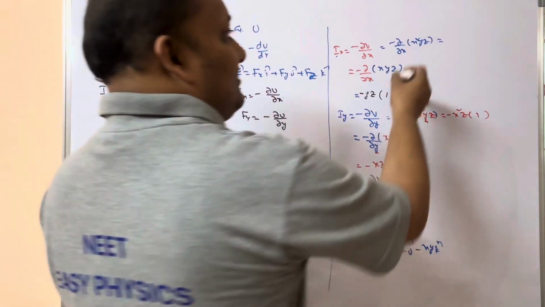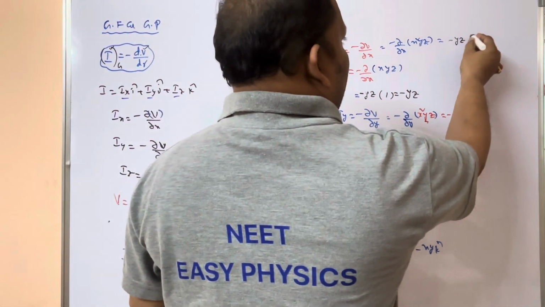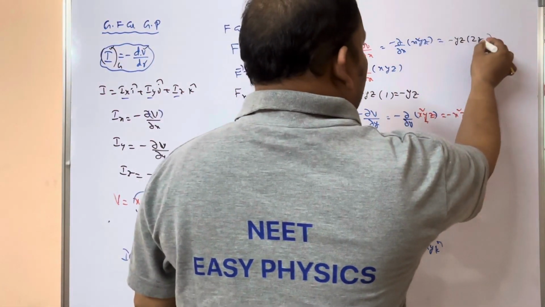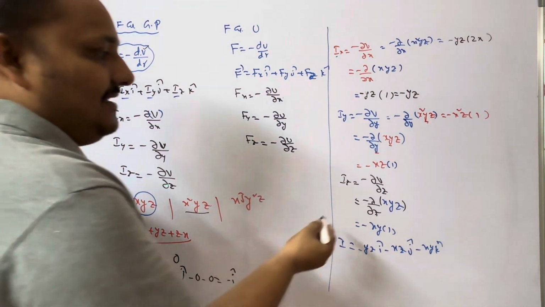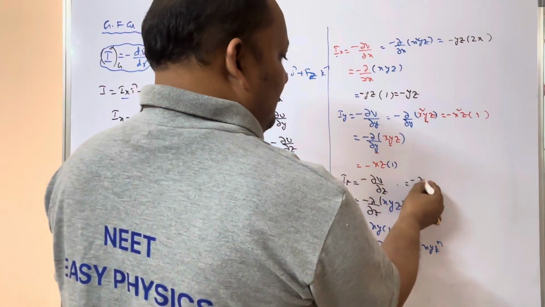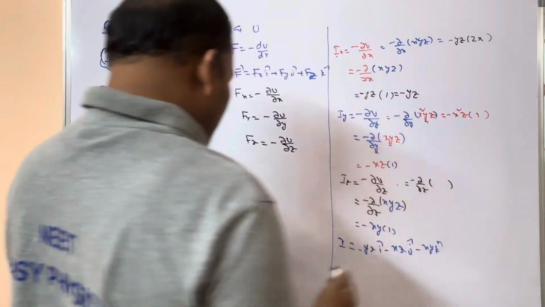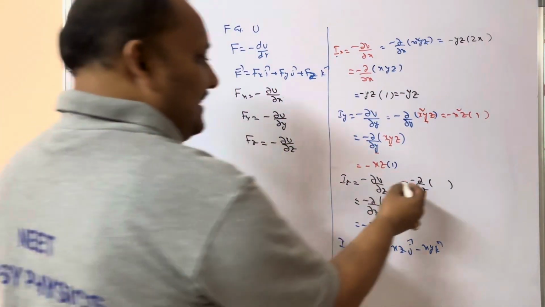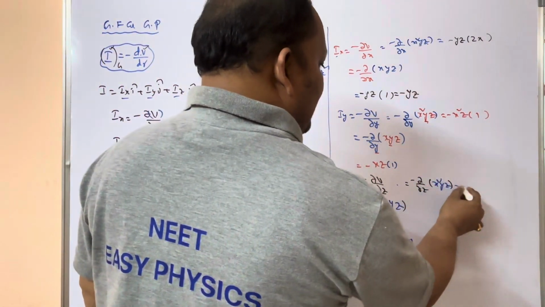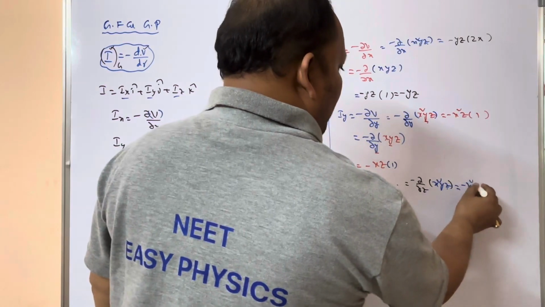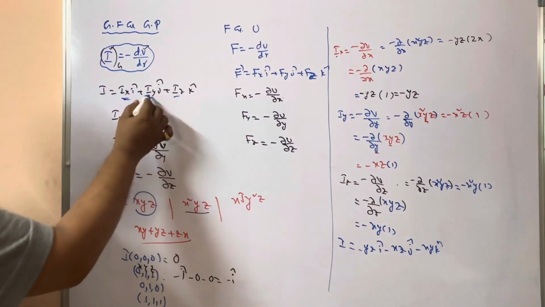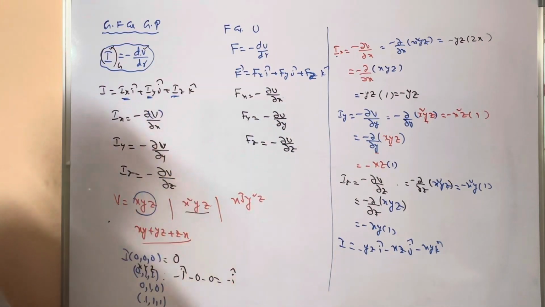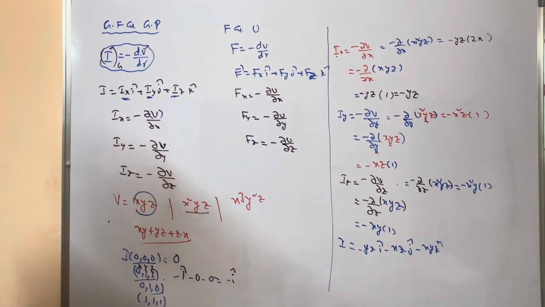With respect to x we are differentiating, yz constant, minus yz, derivative of x square is 2x. Therefore Ix is minus 2xyz. Iz is minus ∂ by ∂z of x square yz. With respect to z, minus x square y constant. Again, you can substitute Ix, Iy, Iz here. Later, whichever point they are asking, you can substitute their x, y, z.